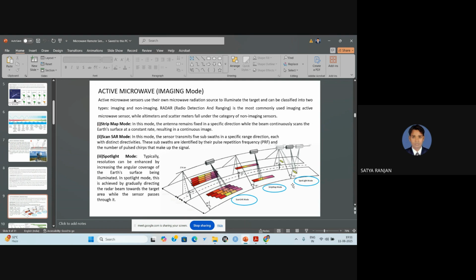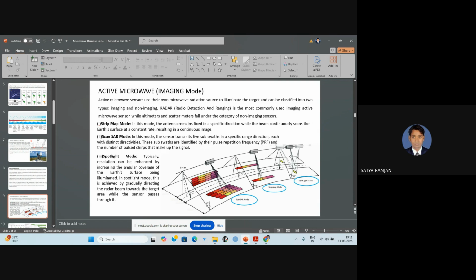Then spotlight mode, where the resolution can be enhanced by increasing the angular coverage. If there is a need for high resolution, then the angular coverage changes from far to near area, so that the resolution is very high. And if a larger coverage is needed, then the angular variation is increased. That is called spotlight mode.